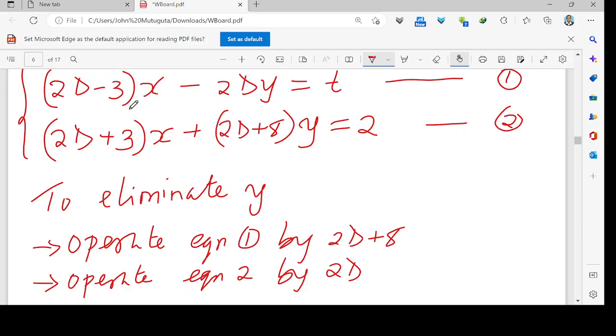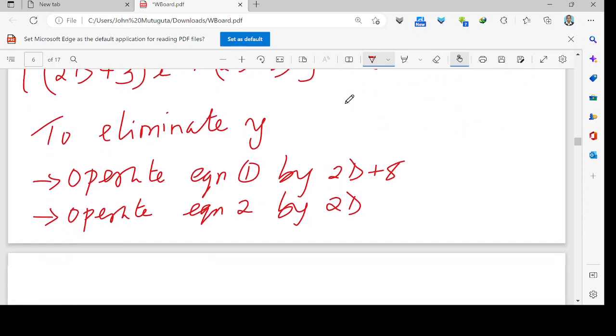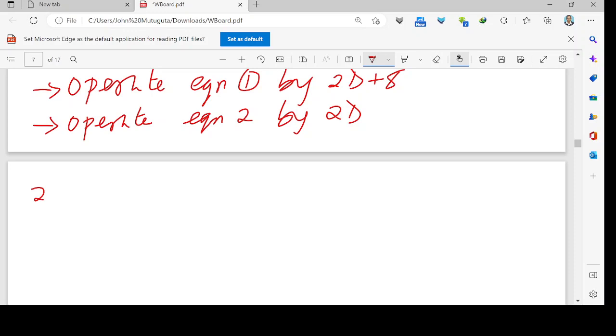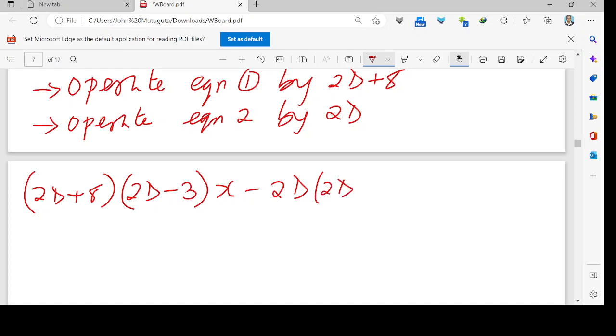So we shall write 2d plus 8 here, 2d plus 8 here, and 2d plus 8 here. Notice that here we have t. So we shall have 2d plus 8 in the first term, operating on 2d minus 3, which operates on x, then minus 2d, then 2d plus 8, operating on y, is equal to 2d plus 8, operating on t.